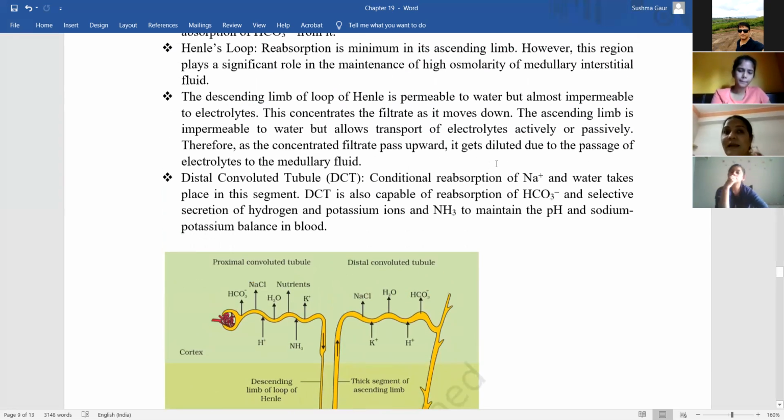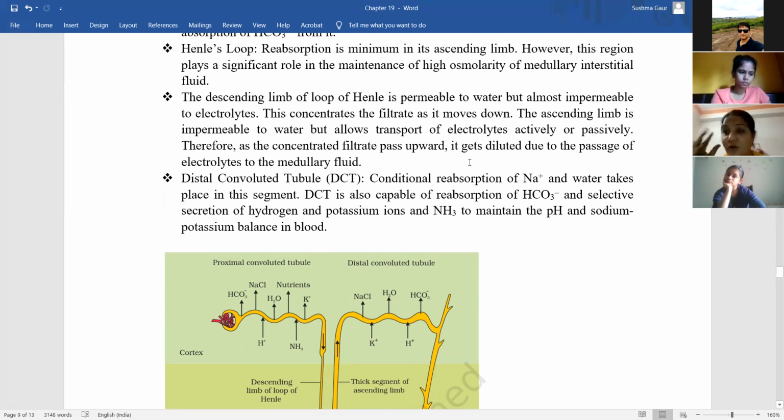They perform different functions because their working, their process or way of working, is also different. Okay. So as the concentrated filtrate passes upward, it gets diluted due to passage of the electrolytes through the medullary fluid. So what do you mean by this?